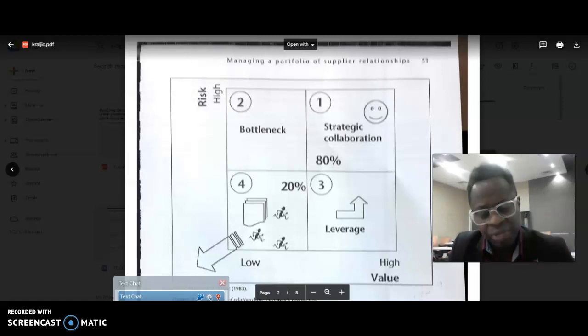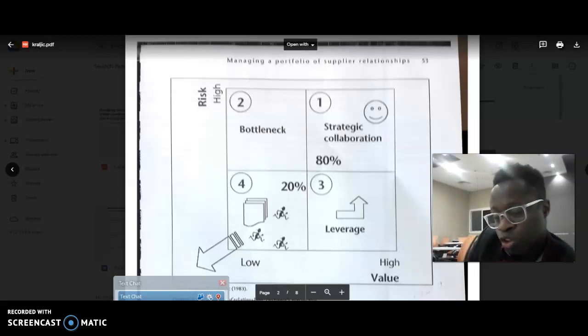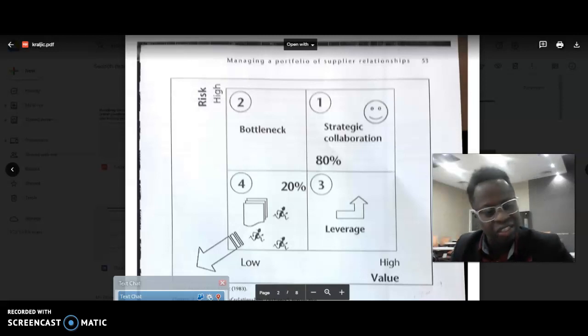Now, what does that 80% represent? That 80% likely represents 80 or 90% in spend. So usually your strategic vendors, you tend to spend more money with them, right?